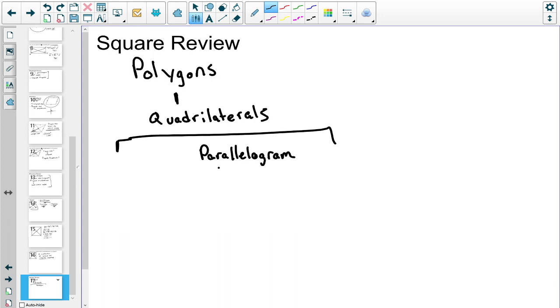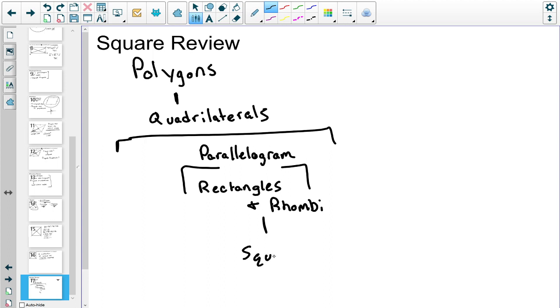But a parallelogram has its own tree that splits off into rectangles and rhombi. But then guess what? Those branch off into the square.